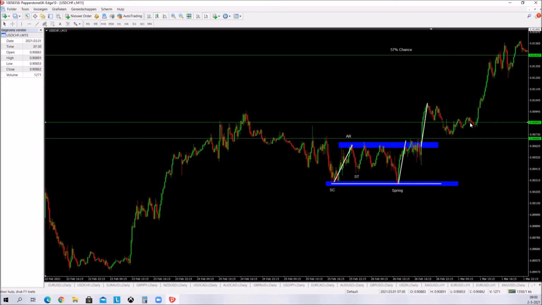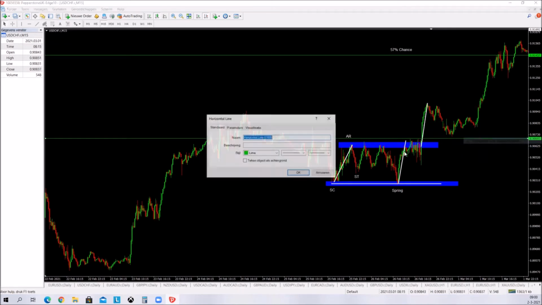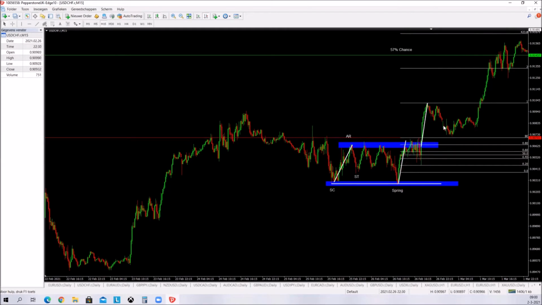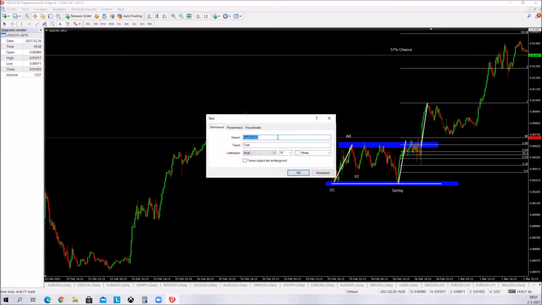So in this instance, if I only entered here at the retest of the range, you can see I missed the trade. However, if I put my stop loss in, so the entry would be here, stop loss would be below here, you can see the target is at around 2.4 R.